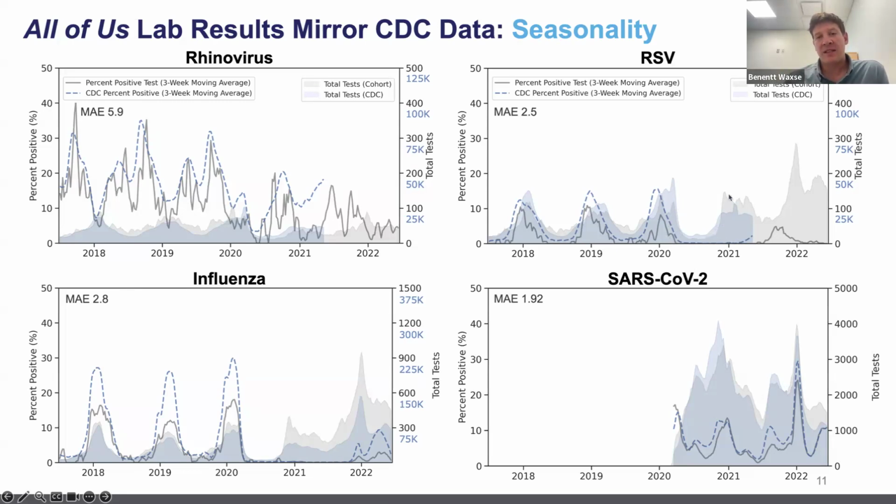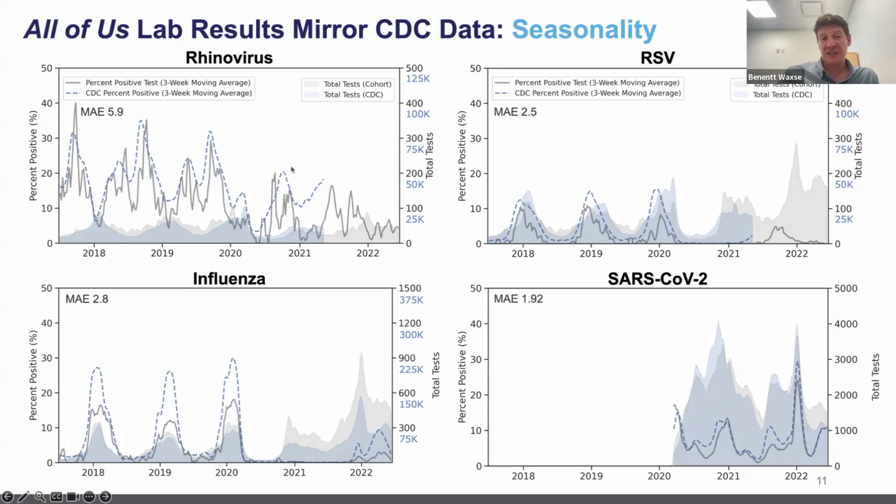Test burden went up, and in both the CDC and All of Us data, providers thought RSV was going to be present, but no, percent positivity rose only later in the year. And this is exactly as expected. It's already been reported that during COVID, there was no transmission of RSV and influenza, and our data matched that. So CDC percent positivity did not rise, and All of Us percent positivity did not rise.